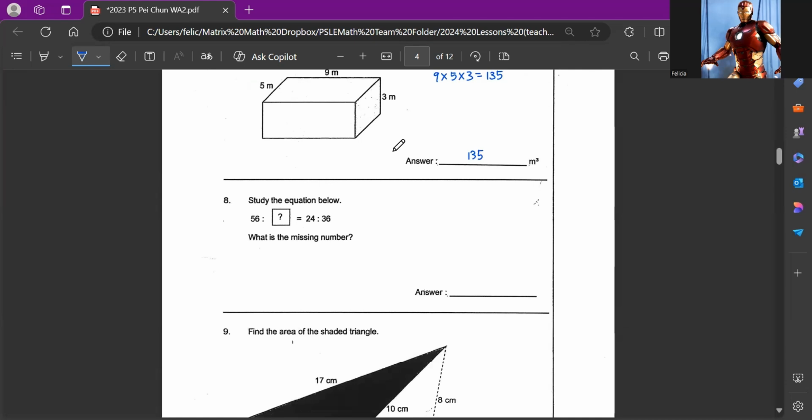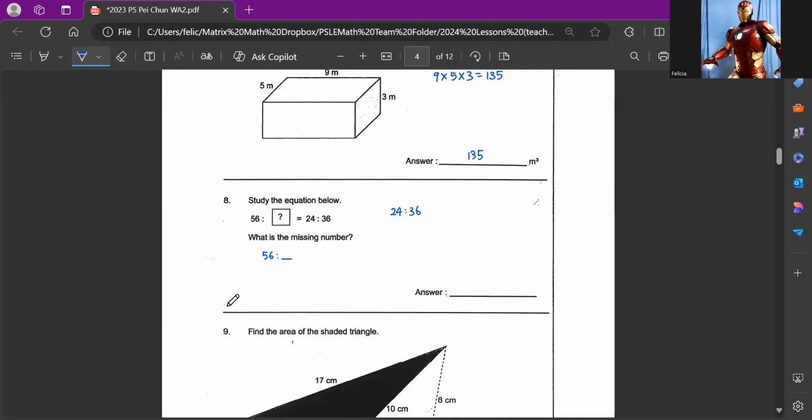Okay, this is on ratio. So 56 to something must be equal to 24 to 36. Now, 24 to 36, you notice, is not even in the simplest form yet. So what I suggest is I'll simplify 24 to 36 at the side here first.